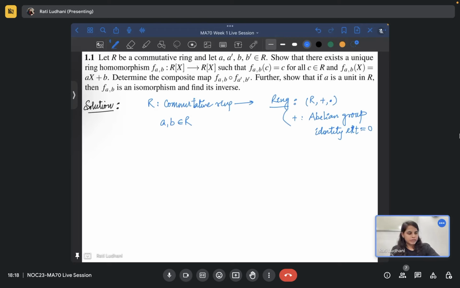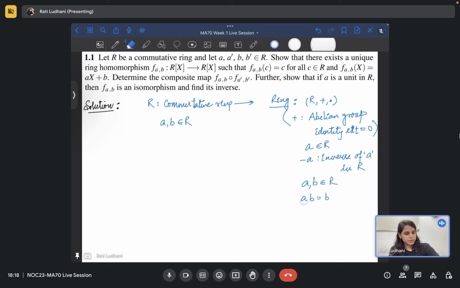If A belongs to R, then minus A will be the inverse of A in R. And it is commutative with respect to addition. So if A and B belong to R, then A plus B is equal to B plus A.